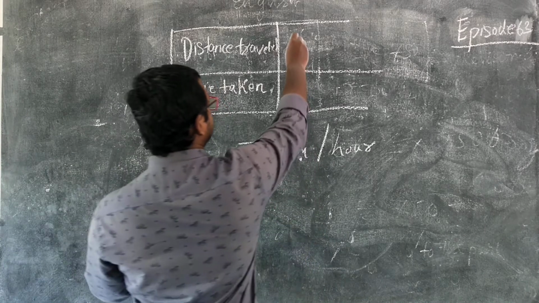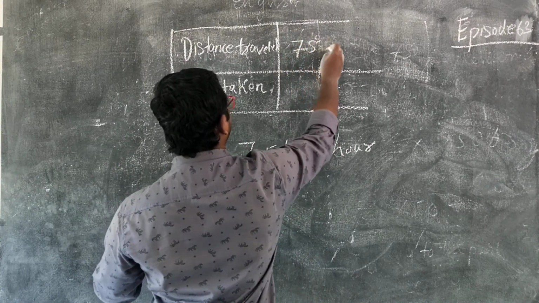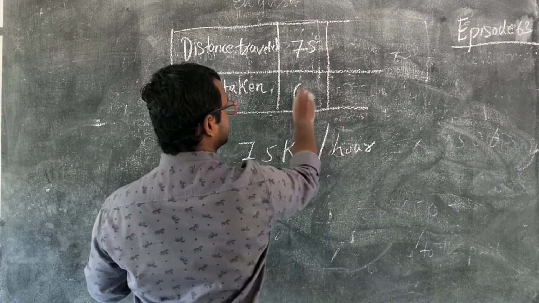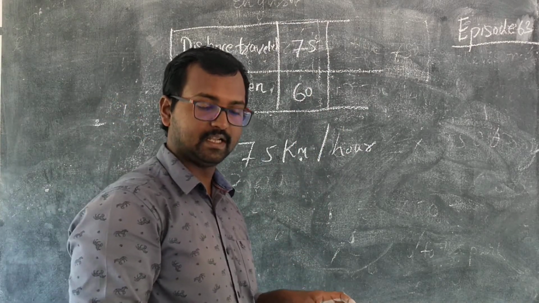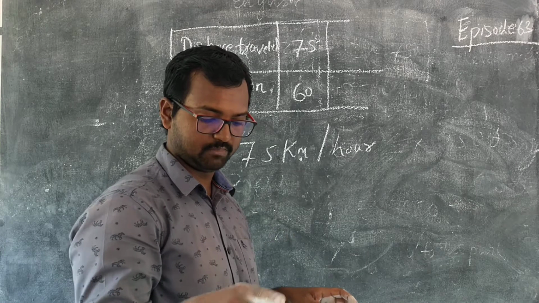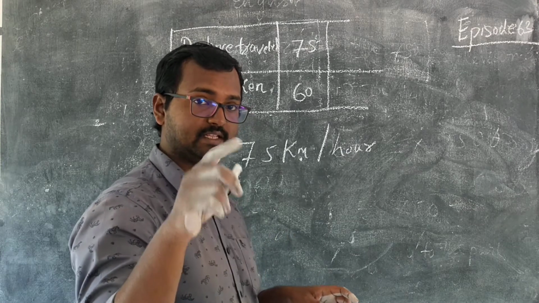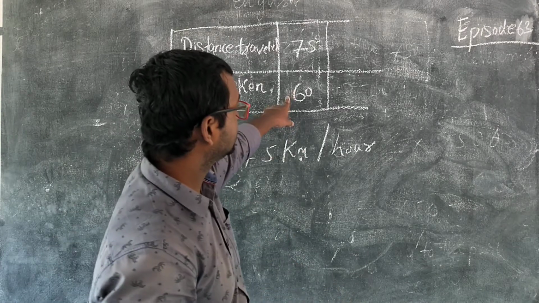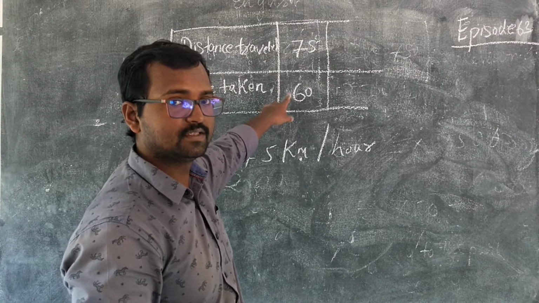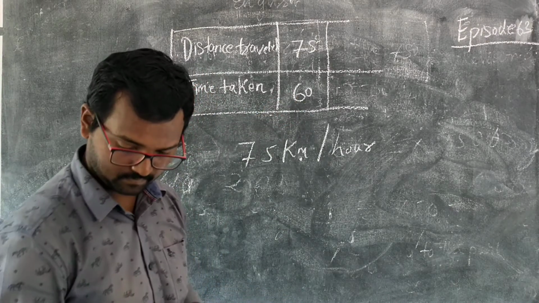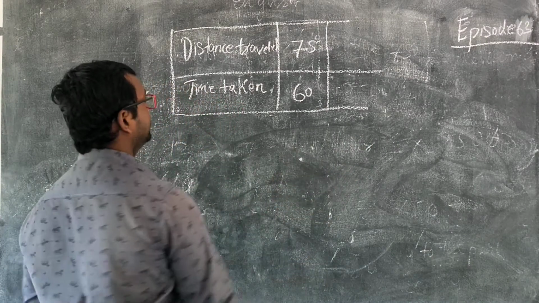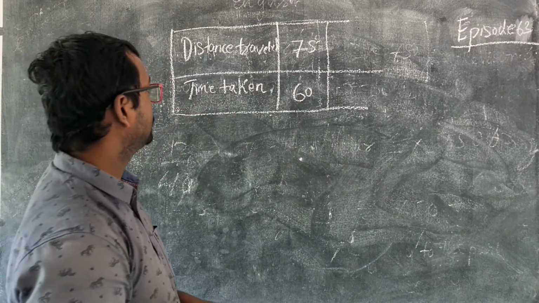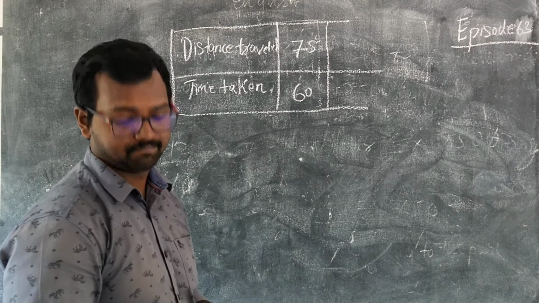So here we will write distance traveled is 75 and time taken is in minutes, because in the question you can see that it is asked in minutes. Question number 1, how far will it travel in 20 minutes? That is given in minutes. That's why I am converting 1 hour to 60 minutes. Now distance traveled is 75 kilometers and time taken is 60 minutes.